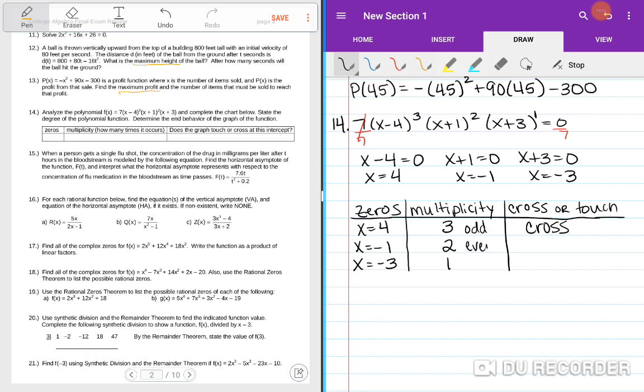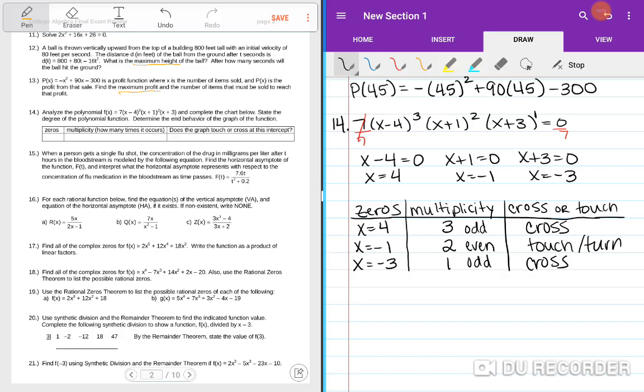This has an even multiplicity, so I will touch and turn. And this one is odd, so that means I will cross. Okay. So then it says complete the chart, done.